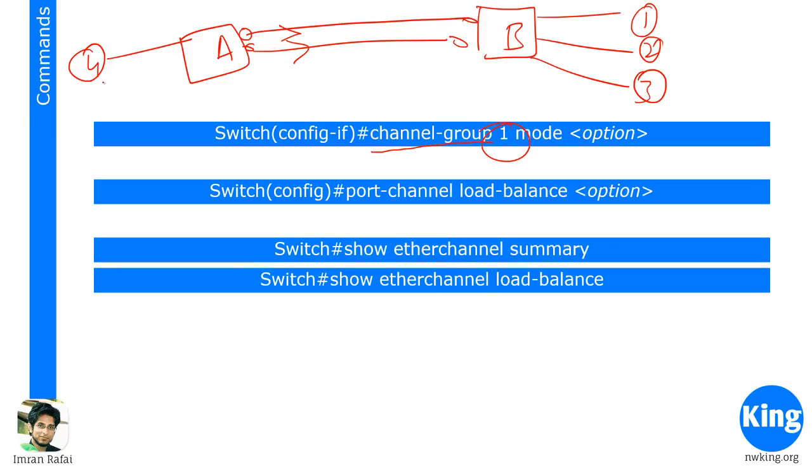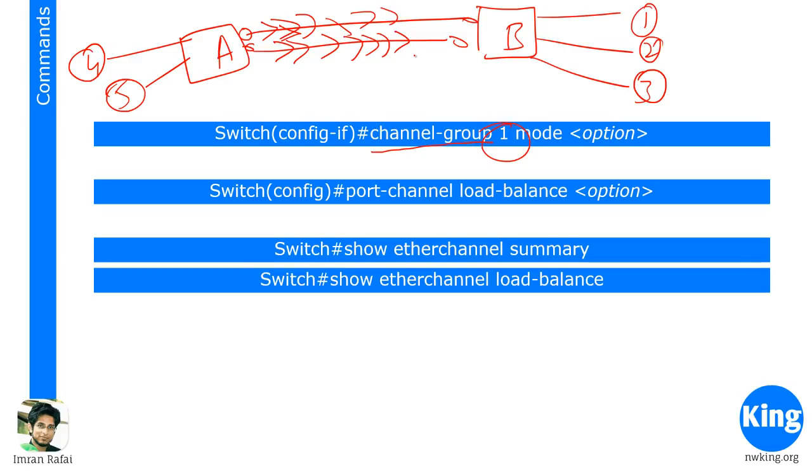From the PC4 source MAC address, it does a hashing algorithm, and let's say it decides that all traffic from PC4 would go on this link. Then all traffic, immaterial of whether it's going to 1, 2, or 3, will only go through this. Let's say there was a PC5, and after doing the hashing algorithm, it decides that PC5 traffic will always go on this link, right?